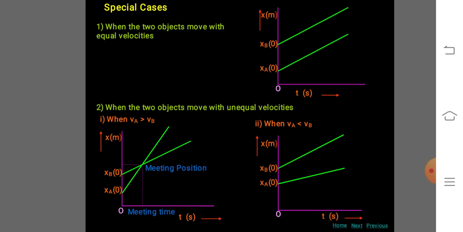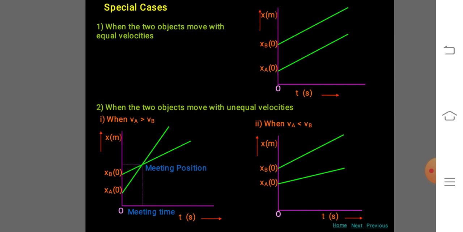Here, when VB is greater than VA, then VB − VA is positive, exactly opposite of the previous case. This shows that the separation between the two moving objects will go on increasing with time. You can see it in the figure. So these are the special cases of relative velocity.